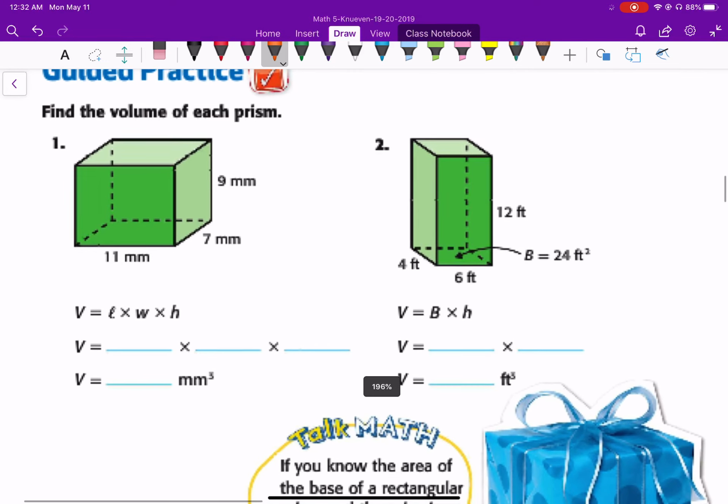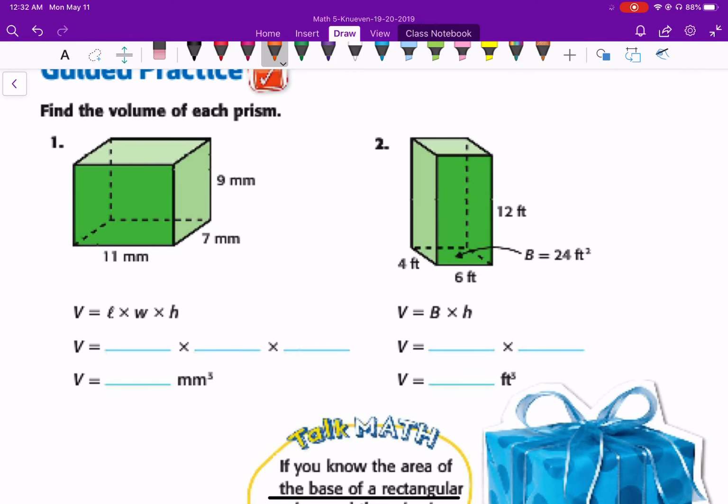Find the volume of each prism here. If I were looking at this, I have my area of my base. So I could do this different ways. Choose your own adventure.